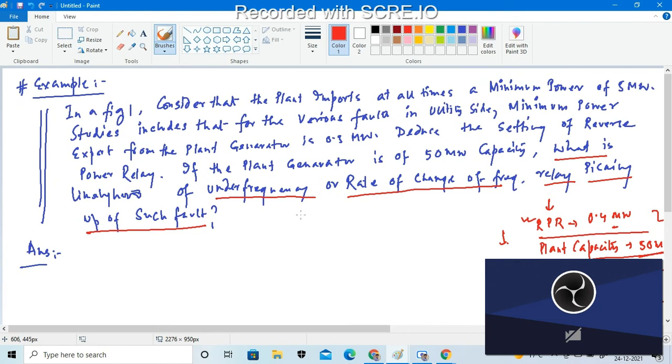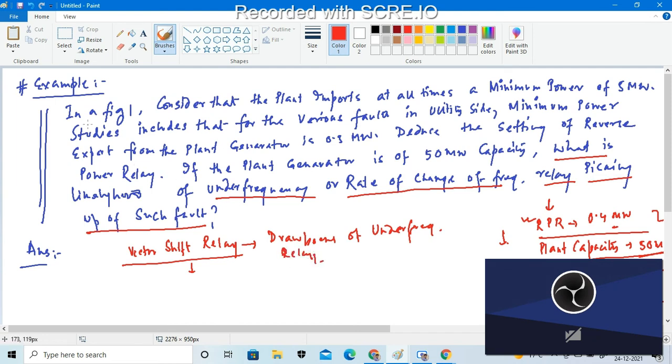Okay, so whenever we discuss the vector shift relay, there must be some drawbacks of the under frequency relay, which we already found in this example.